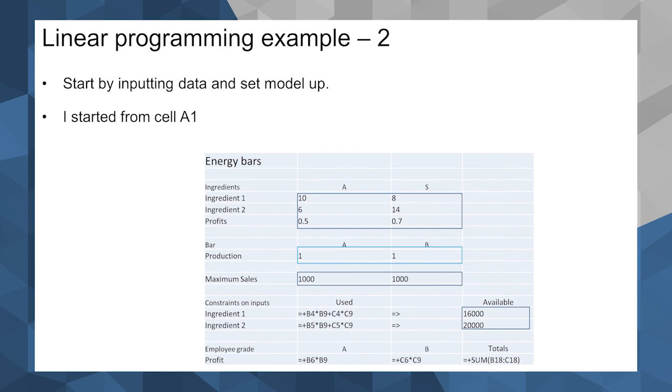Excel, because it can operate quicker than our brain and our hands, can look at various different combinations of production of A and S and give us the optimum combination for our production.